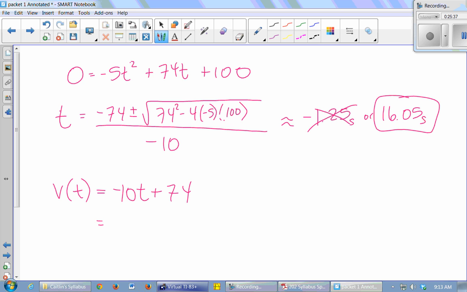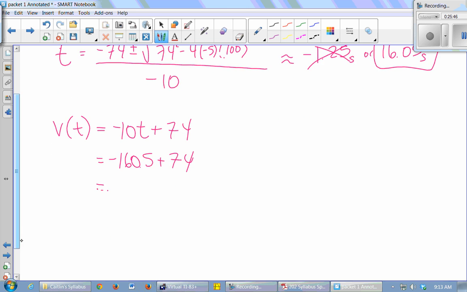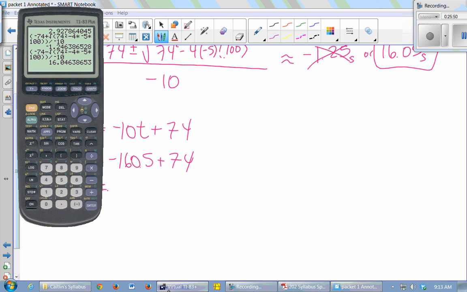So negative 160.5 plus 74. Can everybody do that in their heads? Negative 86.5.